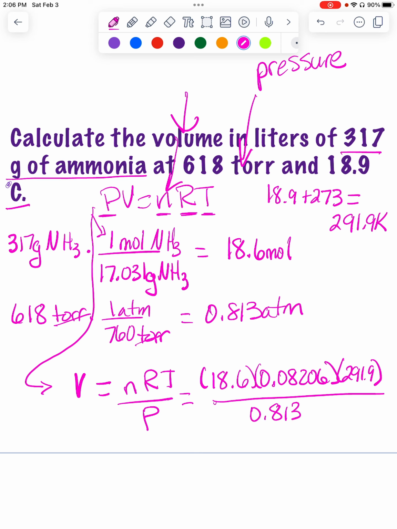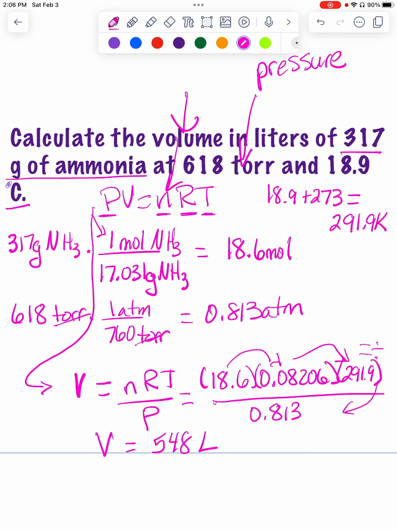If you ever want to play with labels, you'll see how they all work out to be liters. It's kind of cool. Grab your calculator, multiply, then divide by that, and you get a volume of 548 liters.